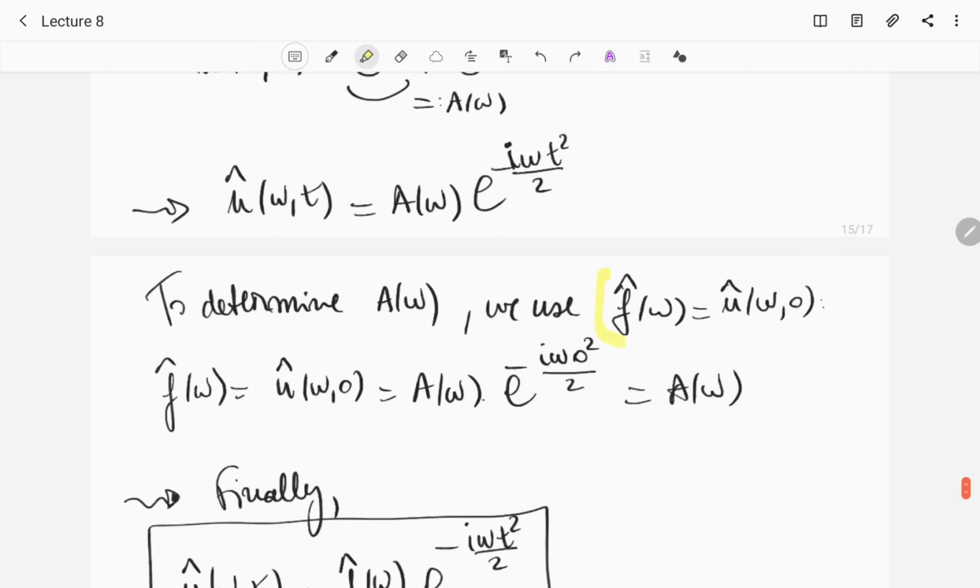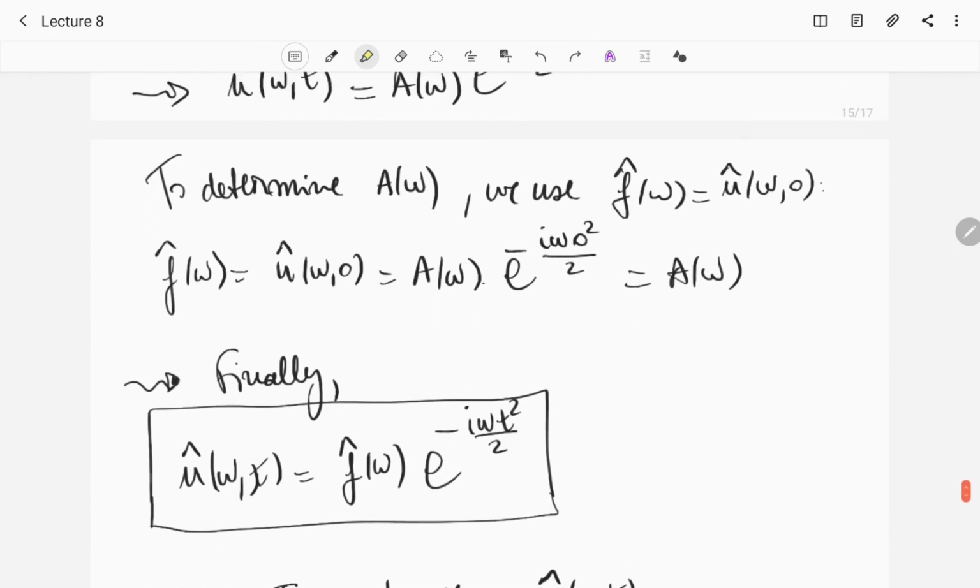So we use this initial condition and get, following this identity, this is just the initial condition of the original problem but Fourier transformed, and this is the general homogeneous solution that we got from the ODE, setting t equal to 0, and we get this A. So finally, last part of step 2, we get the expression of the Fourier transform of u in omega t, which is the Fourier transform of f times this exponential.